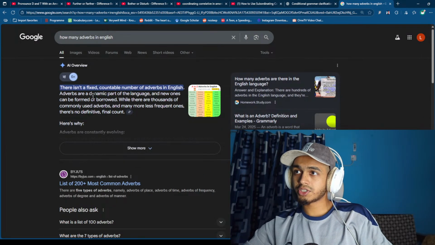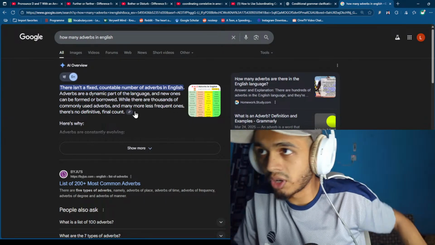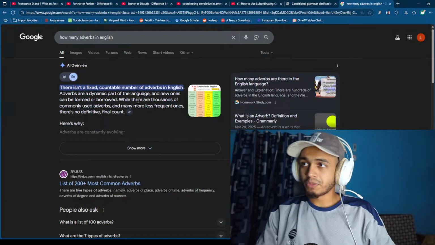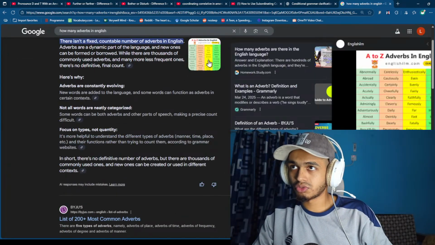There is no fixed and countable number of adverbs. In English, adverbs are a dynamic part of the language. New ones can be formed or borrowed, while there are thousands of commonly used adverbs and many more less frequent ones. There's no definitive final count.